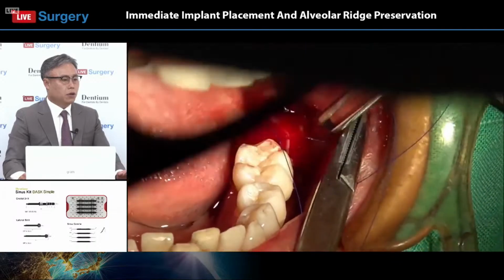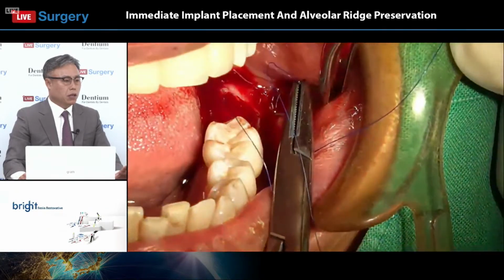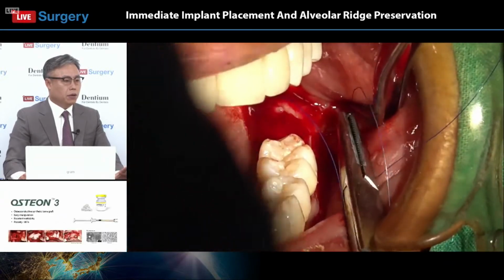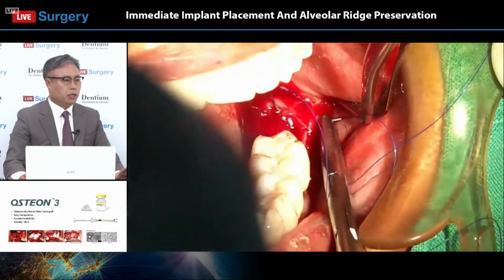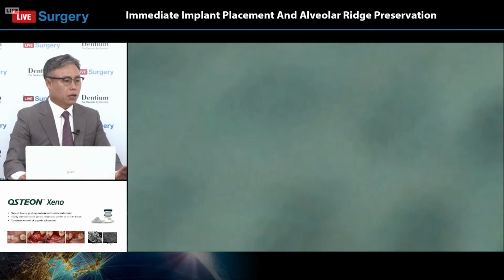As you see, the whole X figure is inside of the extraction socket, and the matrix is out of the extraction socket. That's the hidden X suture technique.